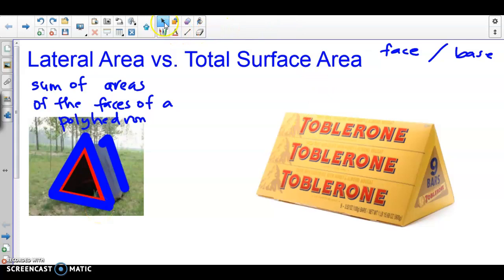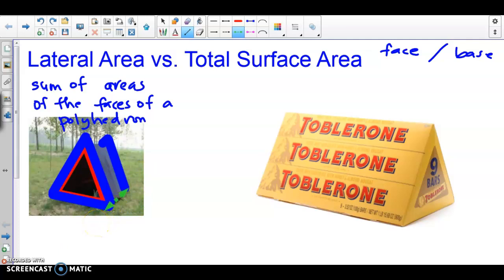And I'm gonna draw a different one. The distance from the front triangle to the triangle at the very last one, that's actually the height of the polyhedron.